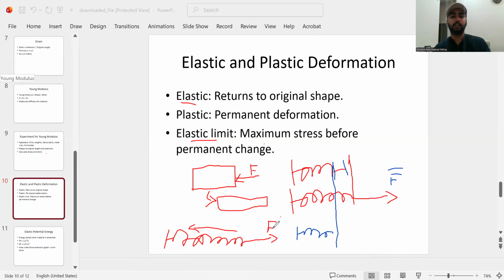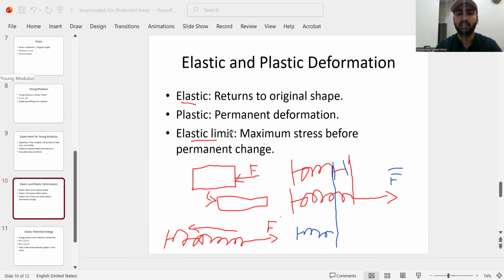It means it crossed its limit and cannot come back to its original shape. It becomes permanently deformed and permanently changes its condition.